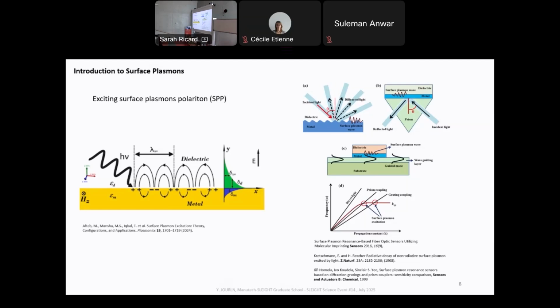But in my talk, I will consider mainly gratings. It's not often used, I have to say. We will excite the surface plasmon with a diffracted order, which is evanescent. And we will have this phase matching between the propagation constant of the plasmon and the diffraction order.